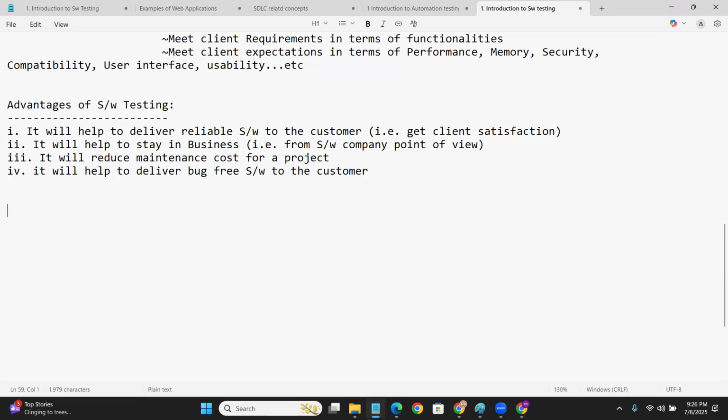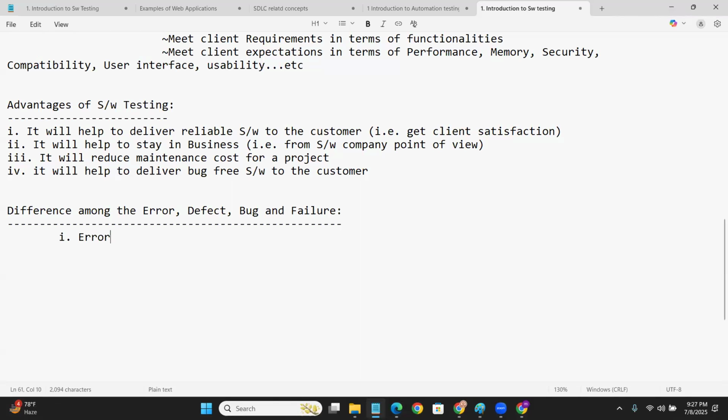Understand the difference among error, defect, bug, and failure. It is one of the important questions, and we can expect it from an interview point of view also. First one: what is the meaning of error? You may have heard it, but what exactly is it?